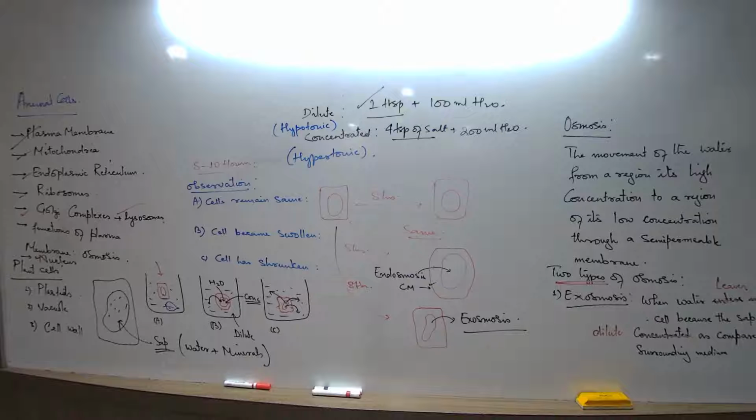This is a concentrated solution. This has less solute, more water. It is a dilute solution. That is the reason this cell is giving away water, because it has more water than the surrounding.